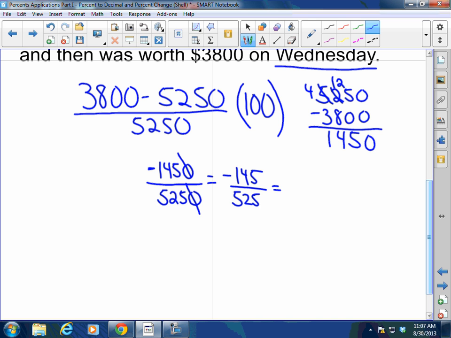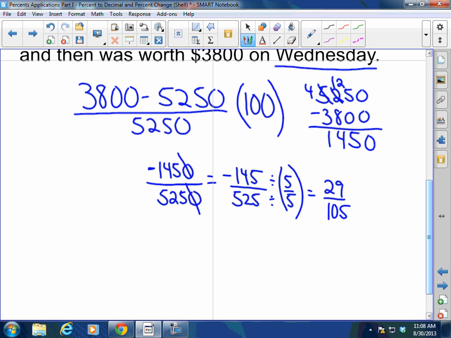So if I go ahead and simplify this using equivalent fractions, I can divide 5 over 5 to both top and bottom, and I'm going to get 145 divided by 5 is 29, and 525 divided by 5 is 105.